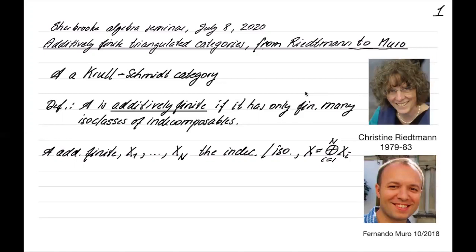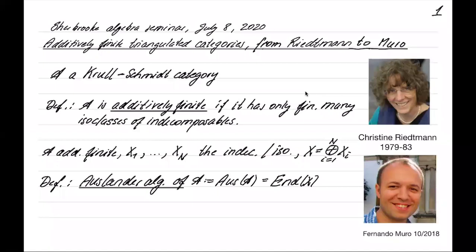We choose a set of representatives of the indecomposables, which are only finitely many. So the sum of these indecomposables is well defined. And then the Auslander algebra is the endomorphism algebra of this sum. This sum is known as an additive generator of our category.